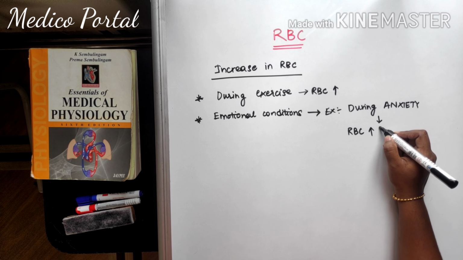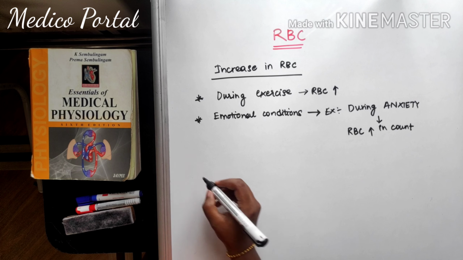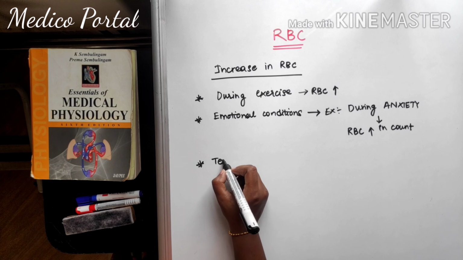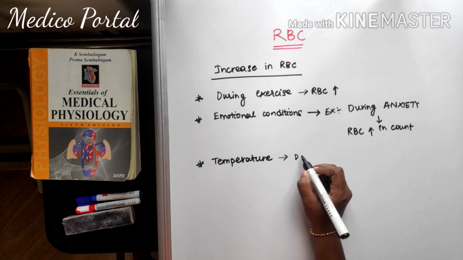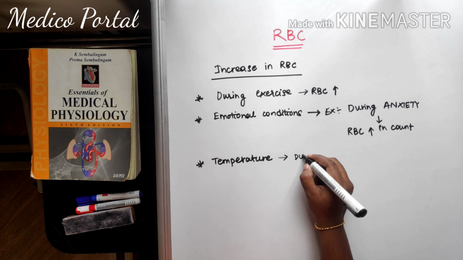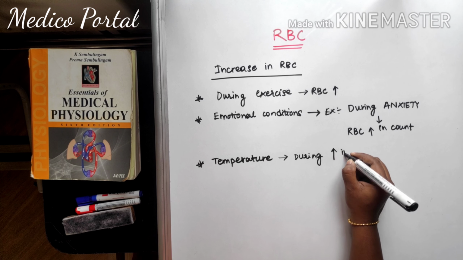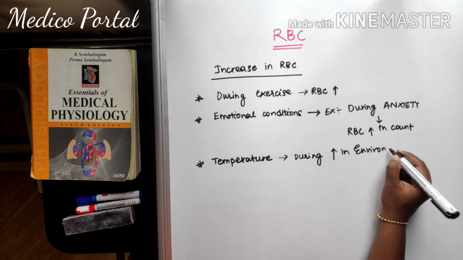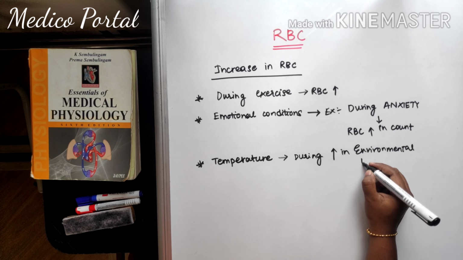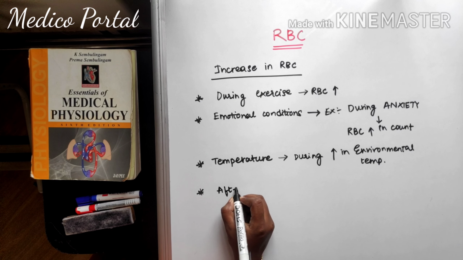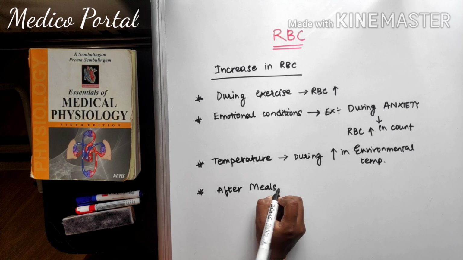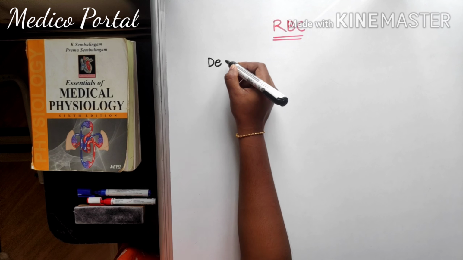And the other important point here is in temperature variations, the RBC count varies. During an increase in temperature, all the normal functions of the body get stimulated and activated and become more functional. Along with that, the RBC count also increases, and after meals, the RBC increases.